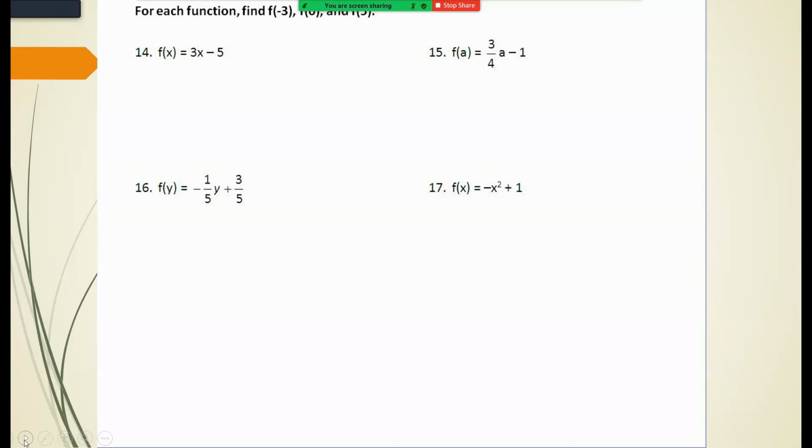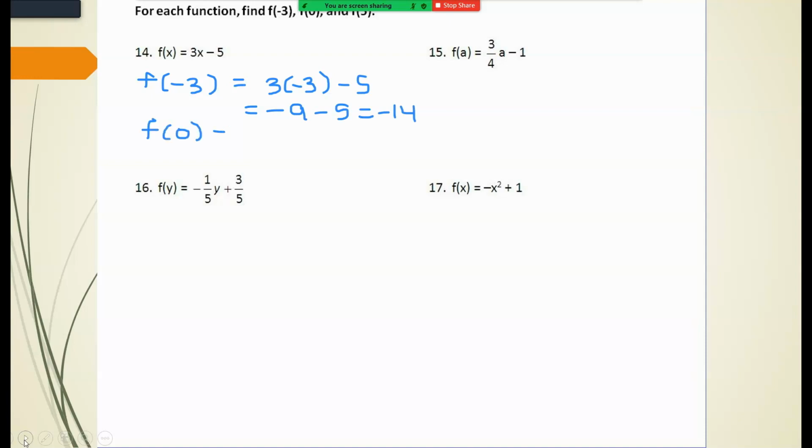So these are pretty easy. It's very much like the warm-up. If you're finding f of -3, it's the same as finding x equals -3, but now we have new notation. So it's 3 times -3 minus 5, or -9 minus 5, which is -14.